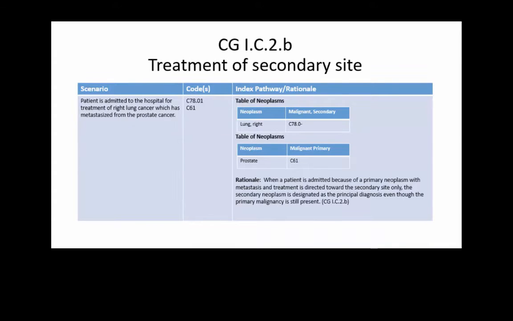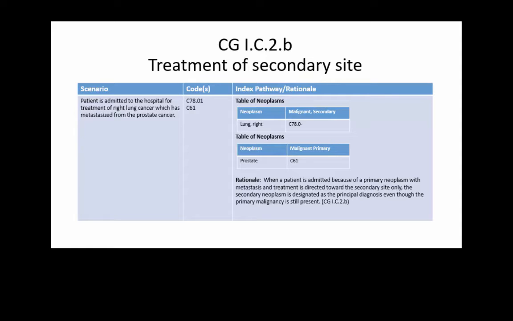The next guideline has to do with treatment of a secondary site. This is when the cancer has metastasized or moved to another site. In this scenario, the patient's admitted to the hospital for treatment of right lung cancer which has metastasized from the prostate. So the prostate was your primary cancer, and the right lung is the malignant secondary.